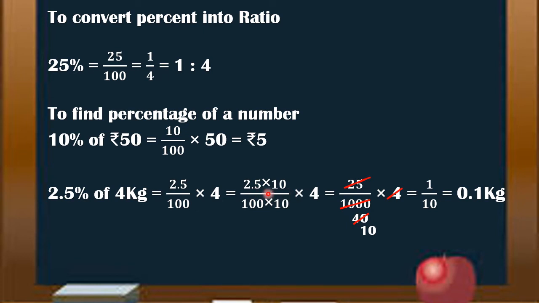The numerator becomes 25, 25 by 1000, that into 4. On simplifying, we will get 1 by 10. And what is 1 by 10? It is equal to 0.1 kg. That means 2.5% of 4 kg is 0.1 kg.